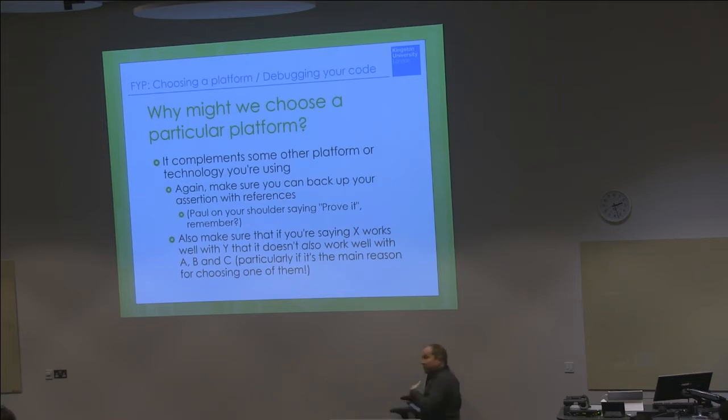But if your justification for a technology, a platform, whatever, is that it works well with something else you're using, make sure it doesn't also work well with A, B, and C. So X works well with Y, and you choose X because it works well with Y, then use that as justification if it's relevant, and if it makes your choice defensible. But if there's a whole raft of other things that play nicely with your given technology, then that's not going to be much of a justification. Okay?